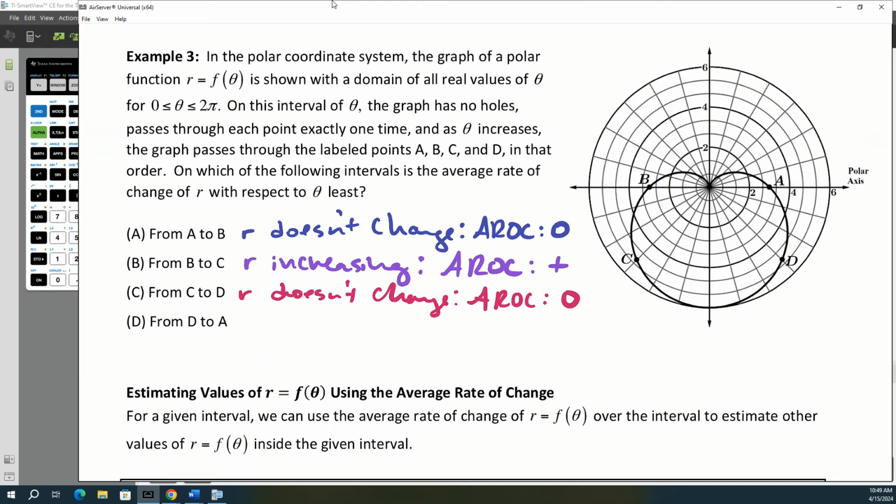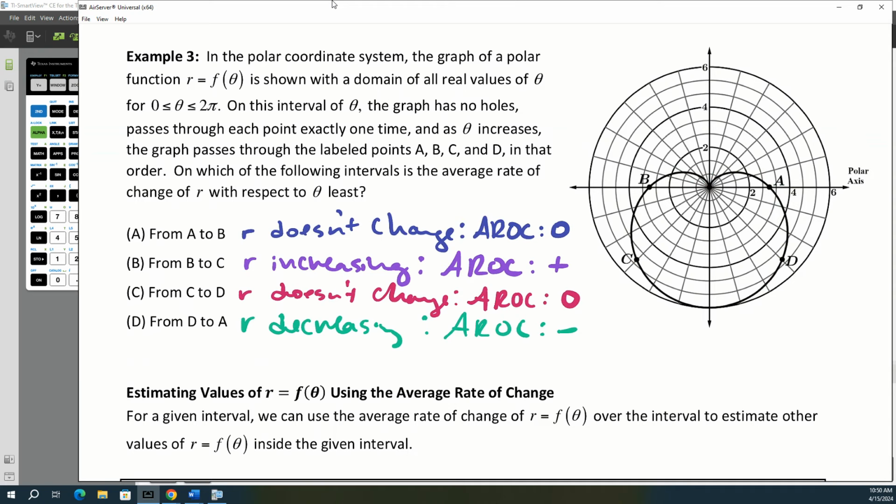Great. And then from D to A, so here to here, is r getting smaller or bigger? Smaller. From D to A, r is decreasing. So what does that mean about the average rate of change? It's negative.